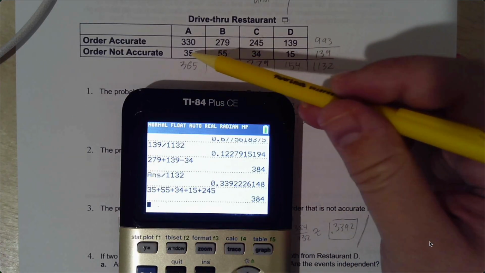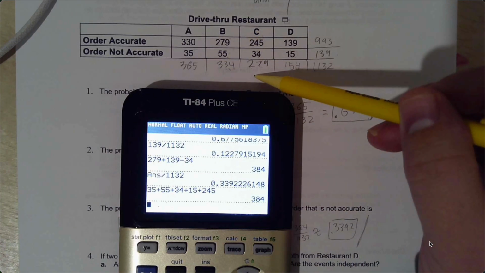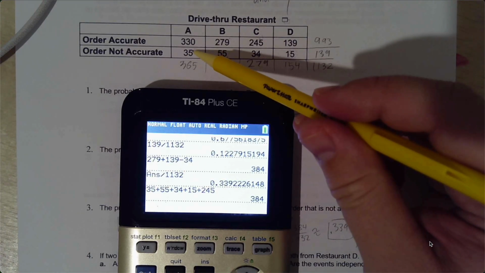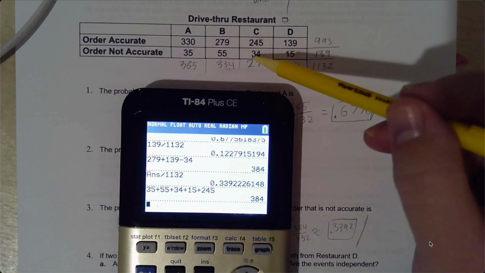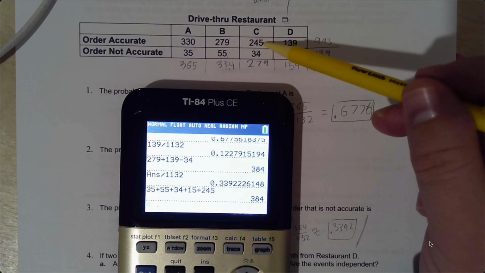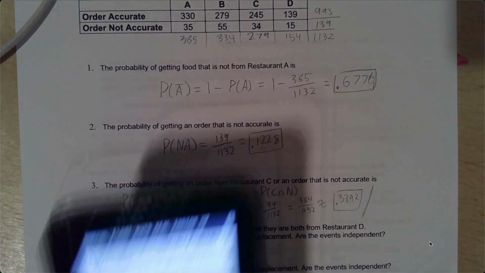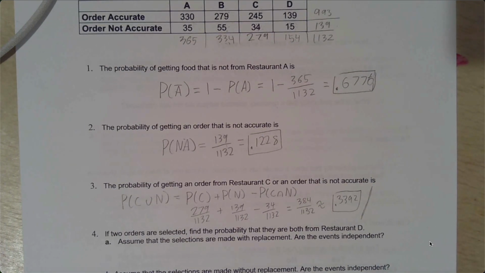You can either take your total and minus the overlap because you double counted, or you can take each part, and remember that you already took this part, so there's only 245 left needed to capture all of restaurant C orders. That's the two ways you could think about these problems. But notice again, it still comes down to adding up common elements or your criteria, because it could be this or this or this or this as you break it down in the table.